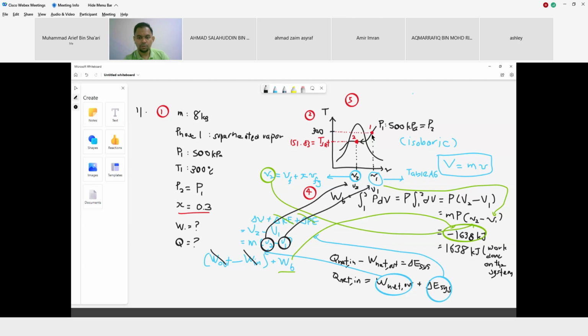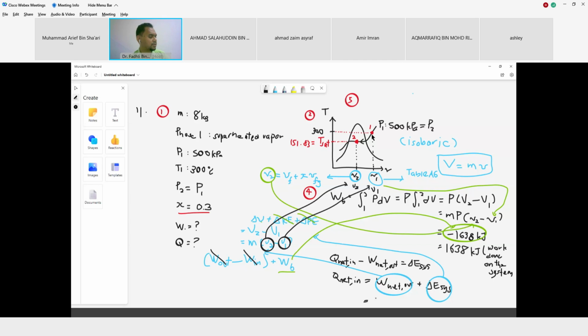Okay. So for U1 dan U2, you gunakan kaedah yang sama seperti mana kamu dapat V2 dan juga V1 tadi. Okay. So once you get the value of U1 and U2, then you can answer Q net in.